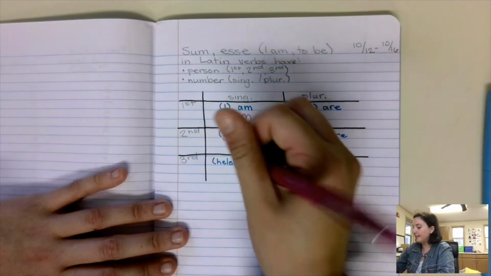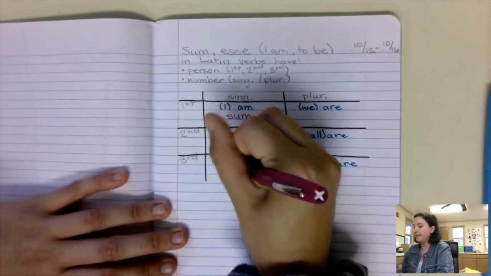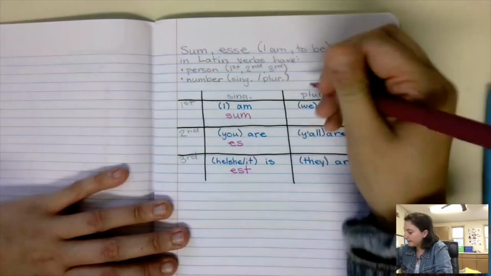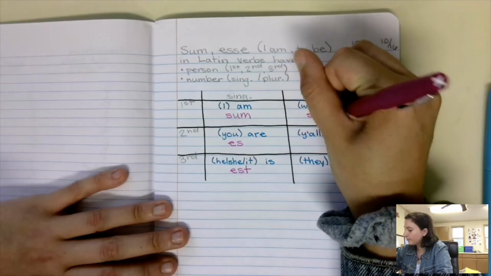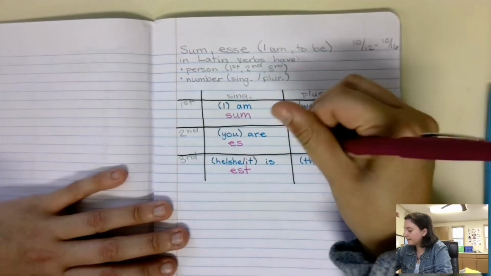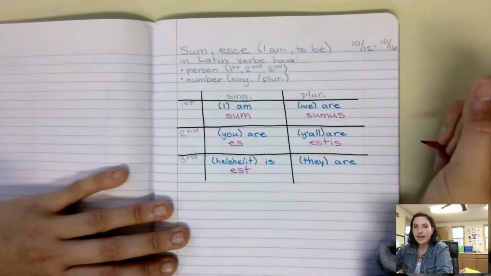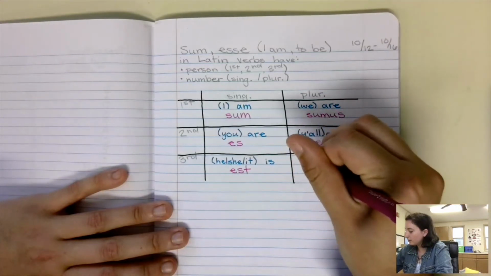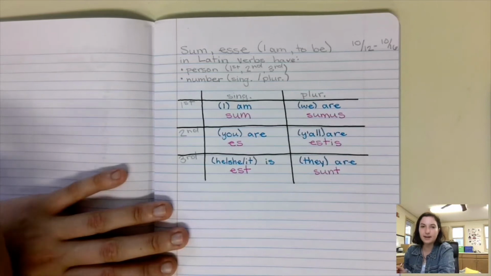And then he, she, or it is est in Latin. Then we are is sumus. Y'all are is estis. They are is sunt. Take a second to get this copied down.